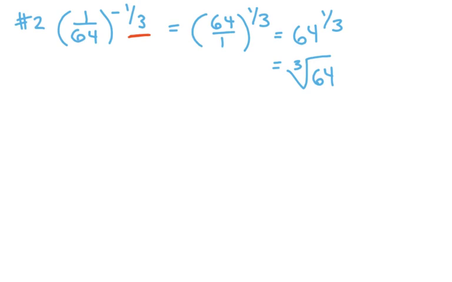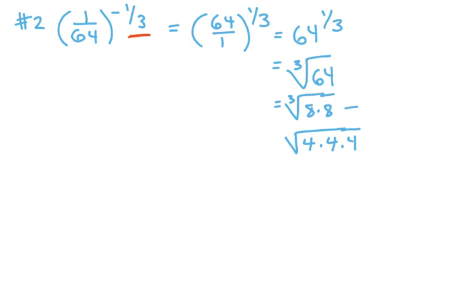Now you might not know what that is, but you can figure it out. That would be the cube root of 8 times 8, which doesn't really help me. So it's the cube root of 4 times 4 times 4, maybe. That's a better way to write it.